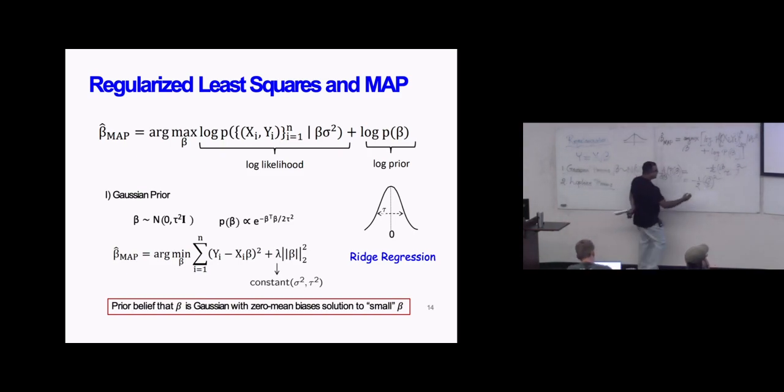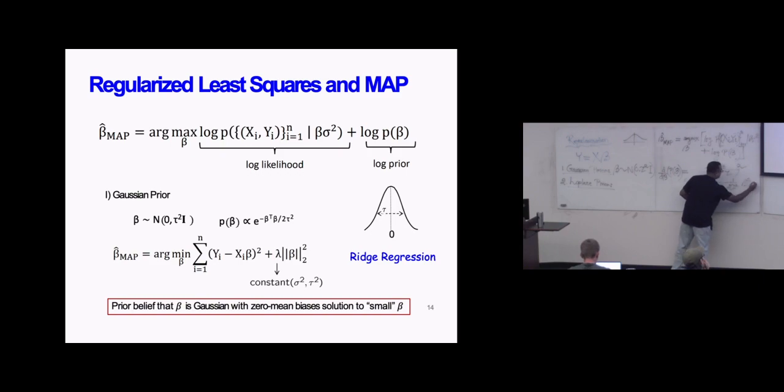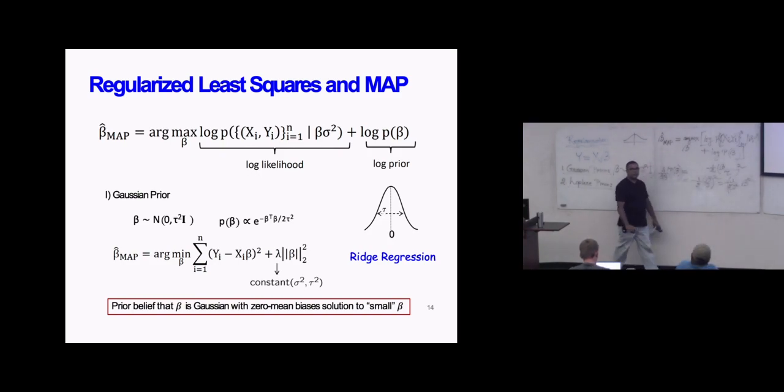Which is essentially minus 1 by 2 tau square beta square. What can we get rid of from here to optimize for beta? So the 1/2 for the square, when you do the chain rule, you multiply by 2, and then it converts to 1. Can we get rid of this?